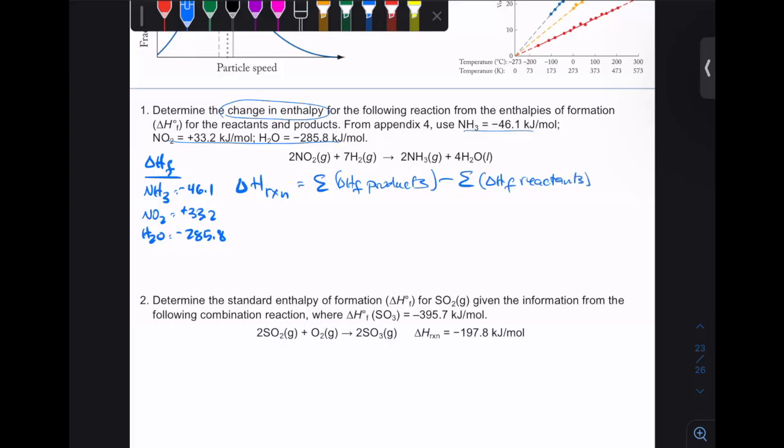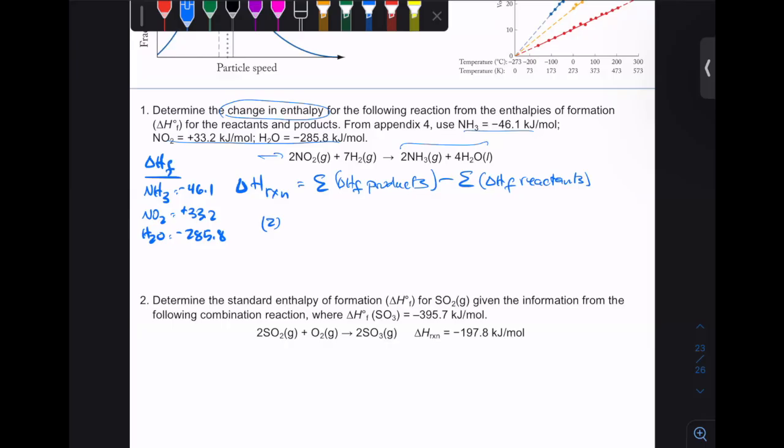So that's challenge 1: figure out what you need to do for the problem. Challenge 2 is to now take the values that you're given and plug them in appropriately. So now let's do that. Here's the balanced equation, and we have all the information written down. We want to start with the products. We've got 2 moles of NH3, and the delta H of formation for NH3 is negative 46.1 kilojoules per mole.